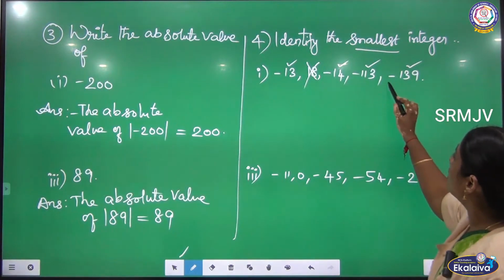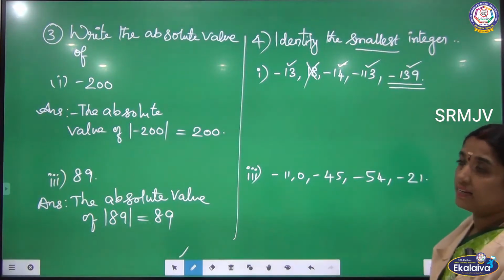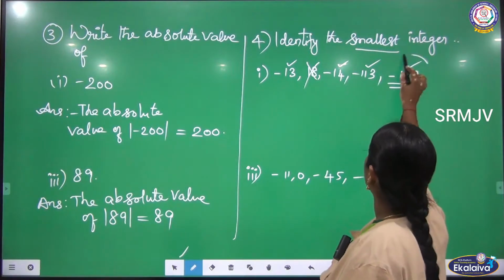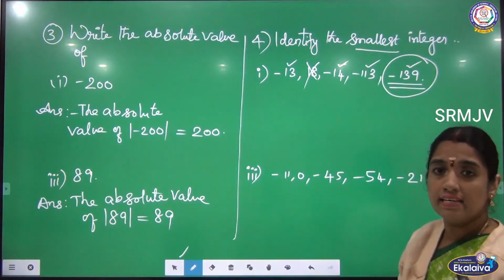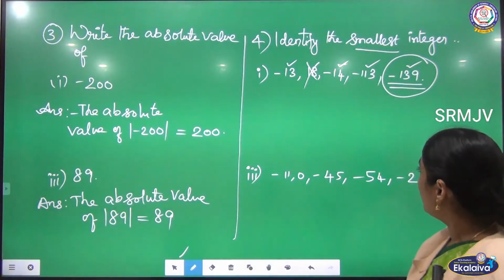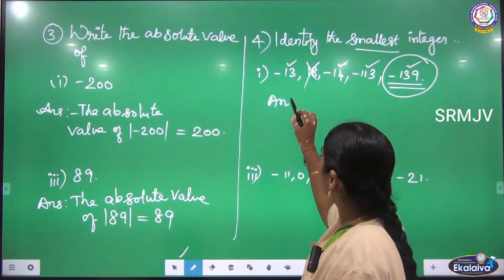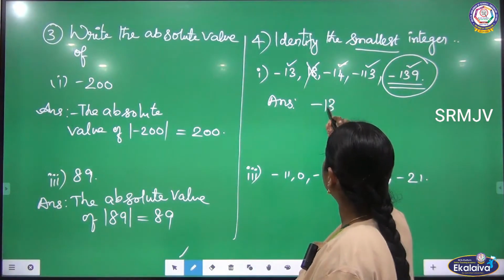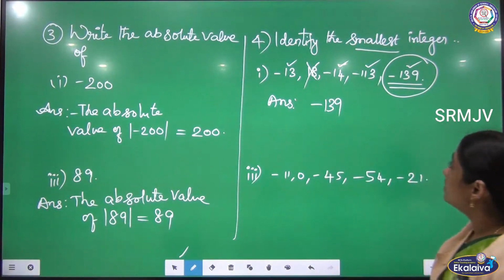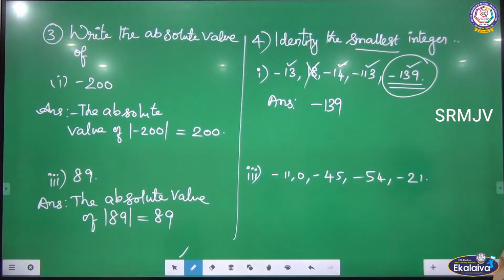Which is the smallest here? Listen, minus 139 is the smallest. Okay, listen. So the answer is what? Minus 139. Minus 139 is the smallest integer.